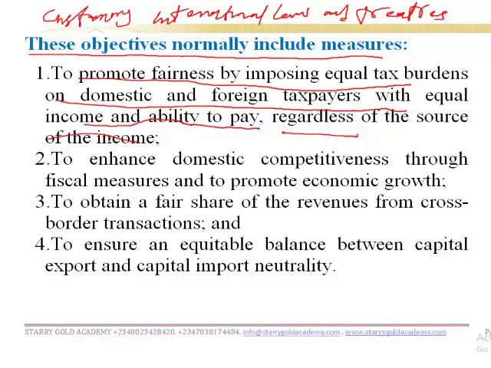You don't just impose taxes on individuals or citizens living in a territory. You should consider their ability to pay.